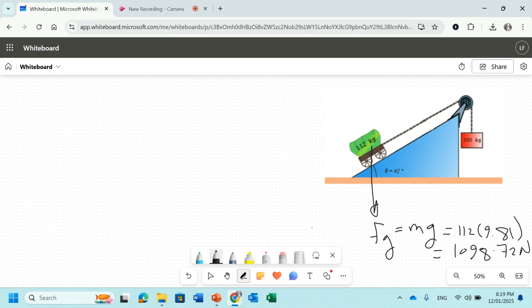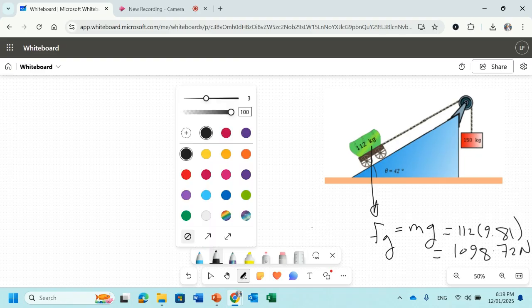On an inclined plane, the motion of the object is typically along the ramp. It's either sliding down or moving up. Now, to simplify the analysis, we always align our coordinate axis with the inclined plane. So this is the inclined plane, and this will always be our x-axis.